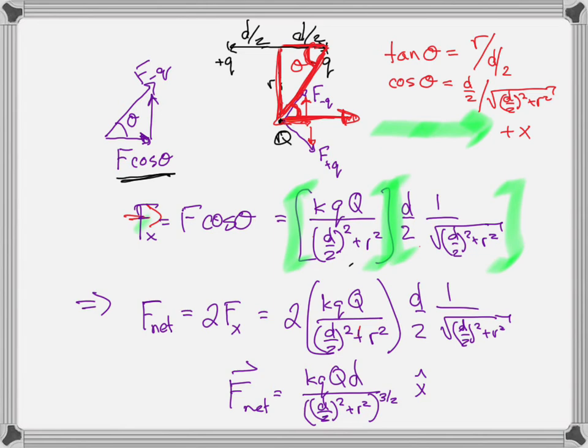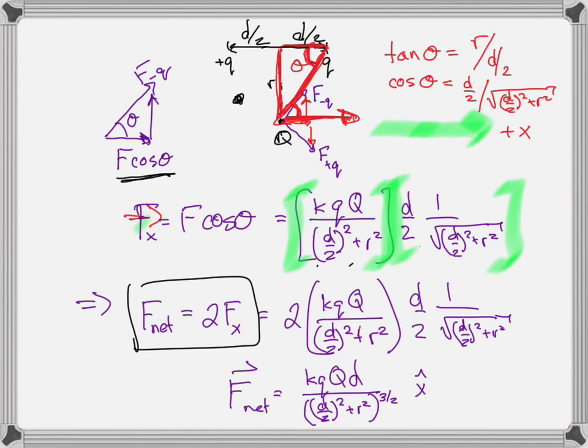If I had chosen something off that central axis, and asked what is the net force due to the dipole at a point over here, if I put big Q over here, then it would be asymmetric and we wouldn't be able to simply say that the net force is 2 times the x component.